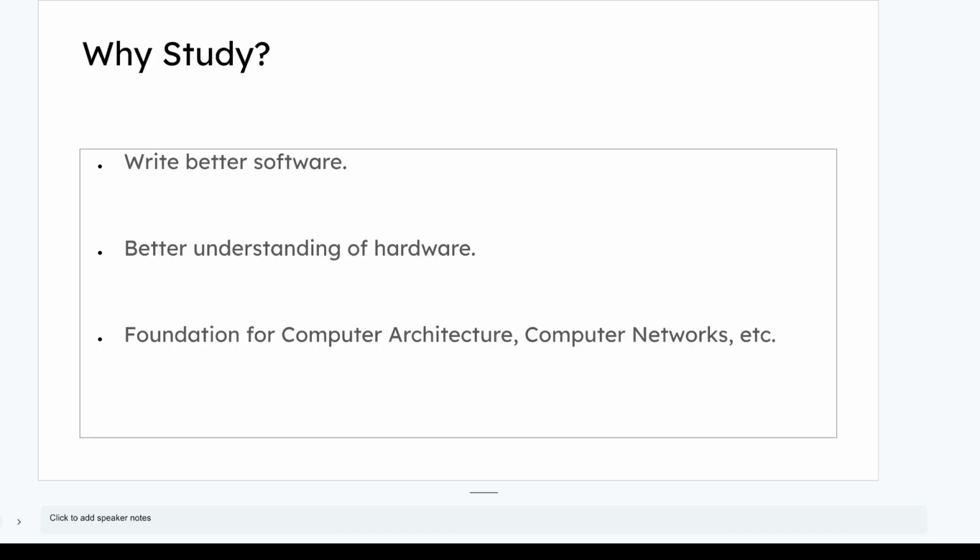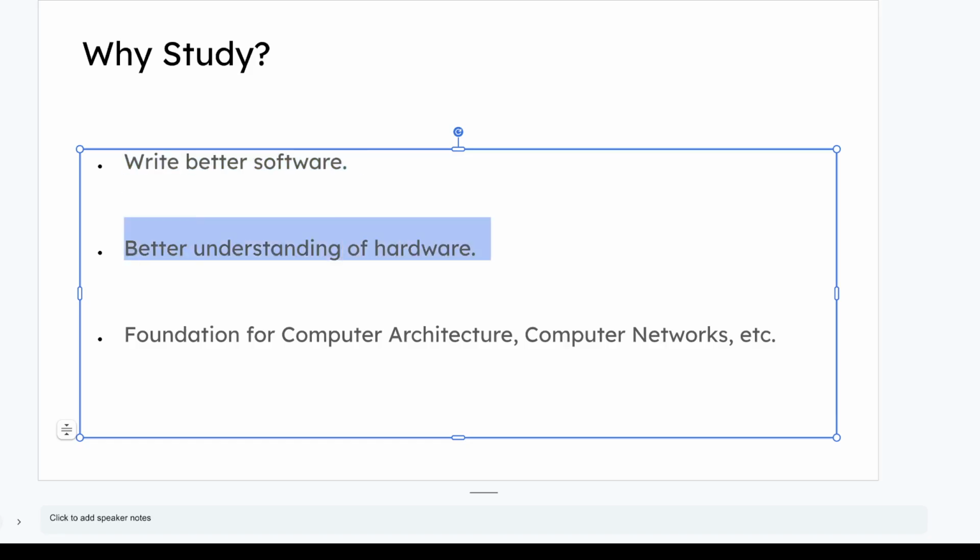Next, to write better software applications. When you study this course, you get to study tools and techniques using Boolean algebra, so that your bit manipulation techniques become better, and using these better bit manipulation techniques you will be able to write better software. Then the next most important point, we get a better understanding of hardware, right? And from this it follows that this course serves as the foundation for many other courses in computer science and engineering.